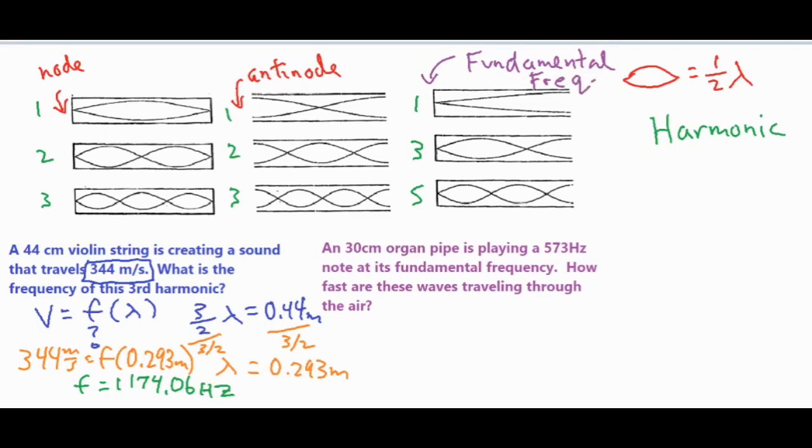And some additional vocabulary you're going to want to know on top of knowing the first, second, and third harmonic, or the first, third, and fifth harmonic, is then after the fundamental frequency, each one after that is also known as an overtone. So you can call this one the first overtone, the second overtone, and so on.